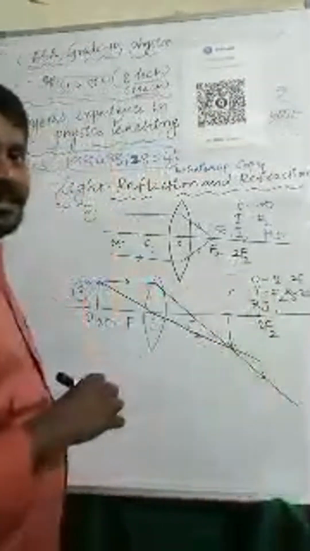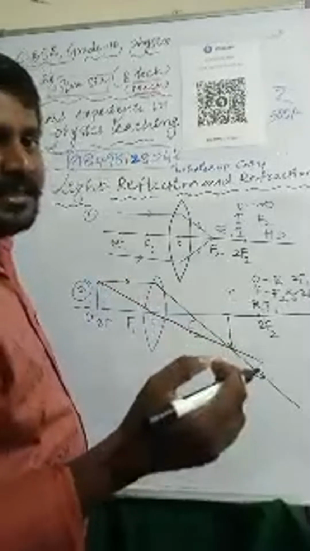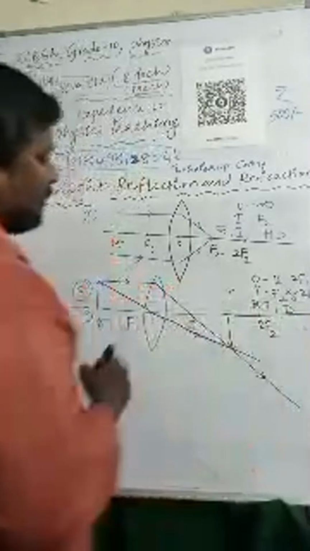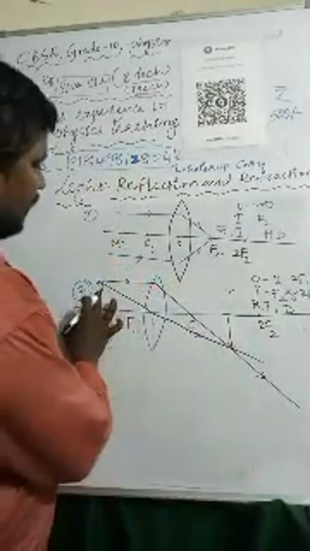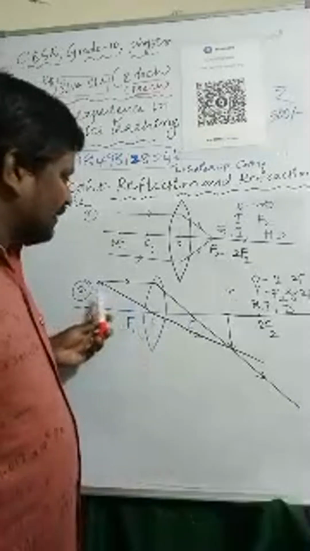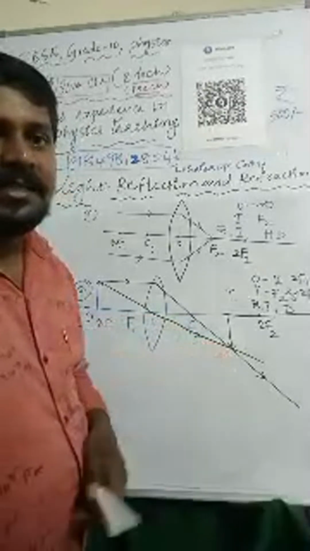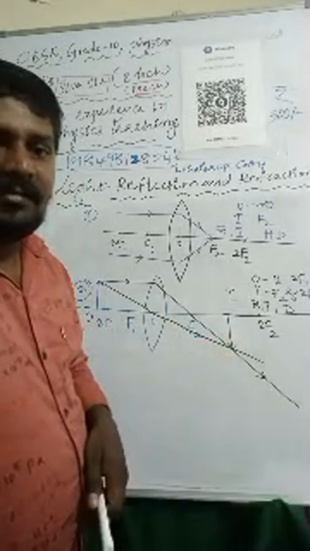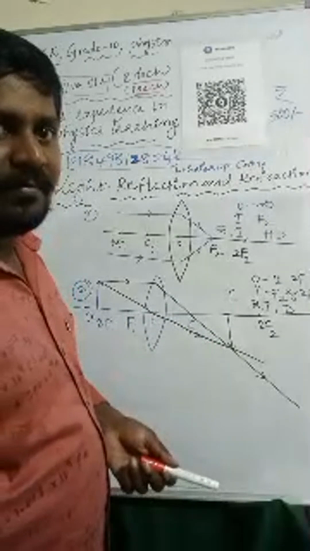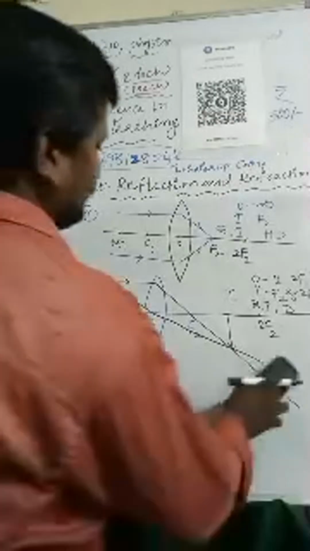Coming to the size, it is diminished. Compared to the object, the image size is reduced. Is it clear? Anyone have a doubt? No one. Okay, done. Next one.